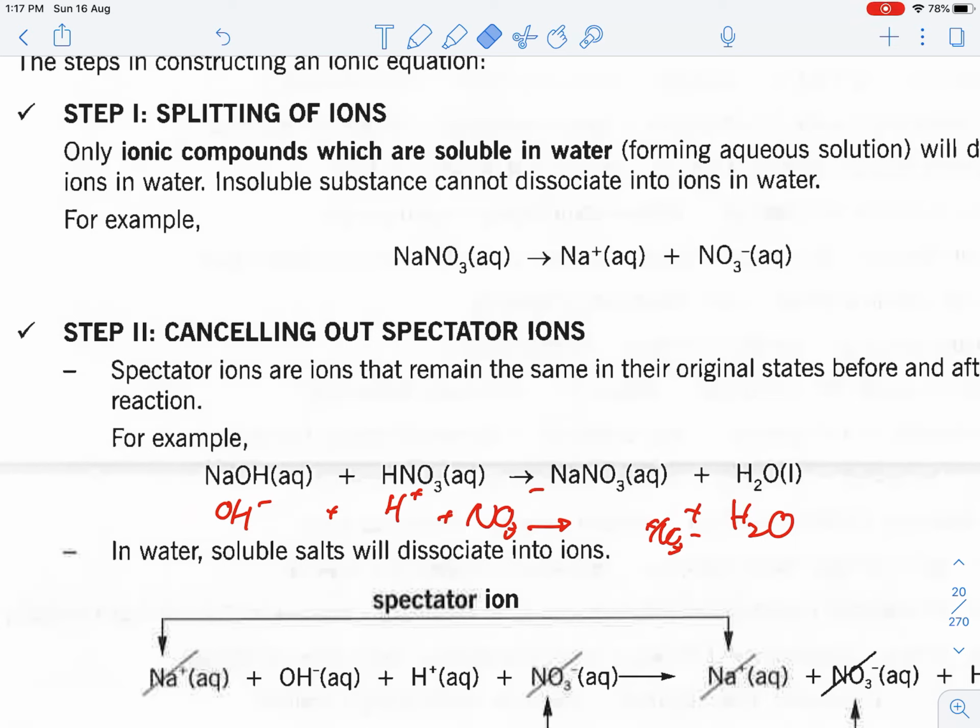Okay, so what we are doing is we are simplifying the equation. Then OH minus, there's no OH minus on the right? So you keep. H plus, there's also no H plus on the right, so you keep. NO3 minus, there is 1 here, right? Yep. Left and right, so you cancel away.